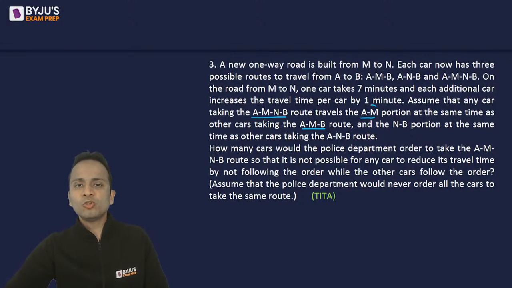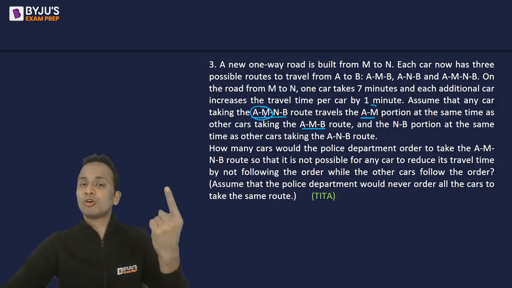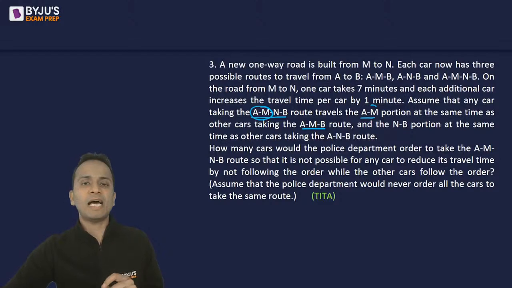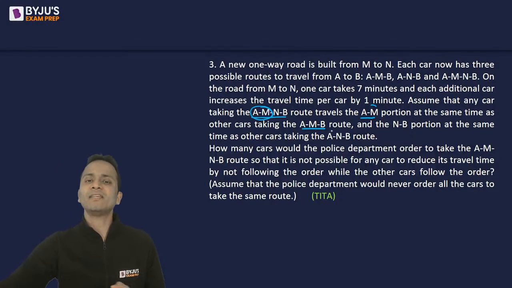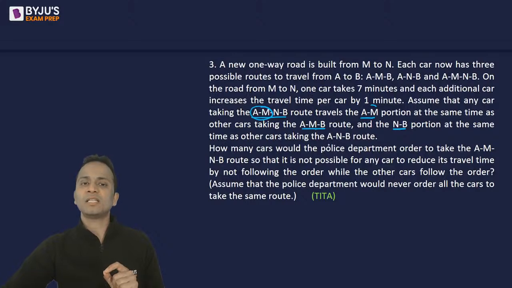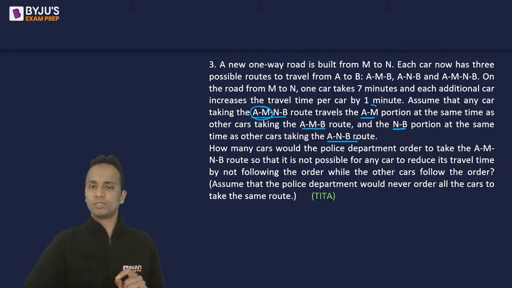So any car traveling on this route, the AM portion will be counted. It will take the same time as the other cars taking this route, and any car traveling through this road NB at the same time as the other cars taking this particular route. All right, fine.